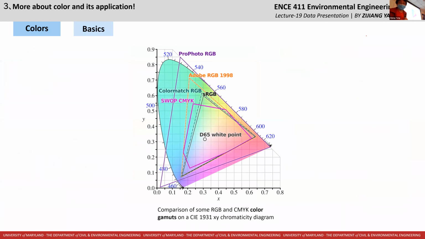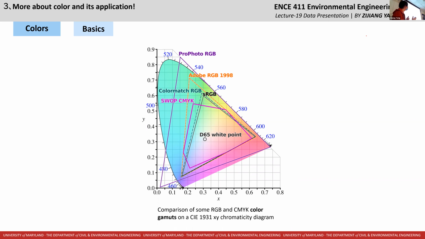Why? Because when we have a monitor or a projector, they may not be able to recreate all of the colors because their hardware or lights may have some limitations. So in reality, although we can use RGB to describe all of the colors, our screen, monitor or projector may not be able to recreate these colors.